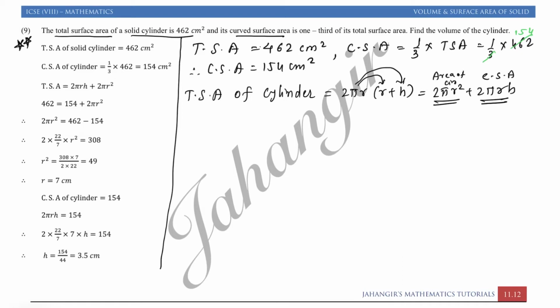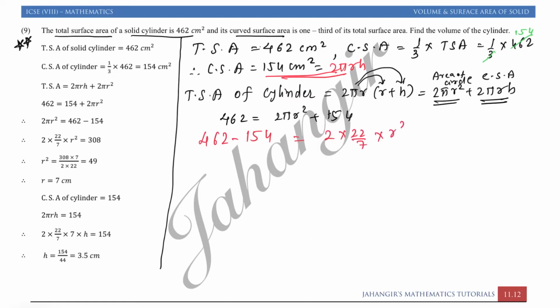So I can write TSA as 462 is equal to 2 pi r square plus 154, because 2 pi r h is given as 154. Here see, 2 pi r h CSA is given as 154. So I will just shift: 462 minus 154 is equal to 2 into 22 by 7 into r square.